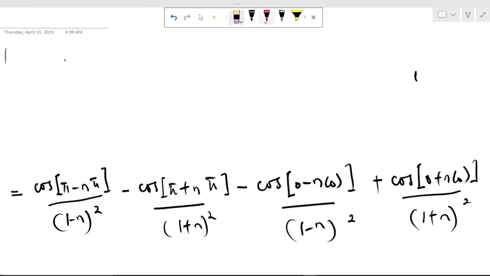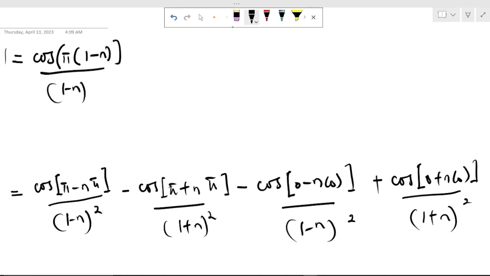So from here, what can we do? Let me go back. Let's do it again. So we have pi factorized outside, and we have 1 minus n instead. Good.